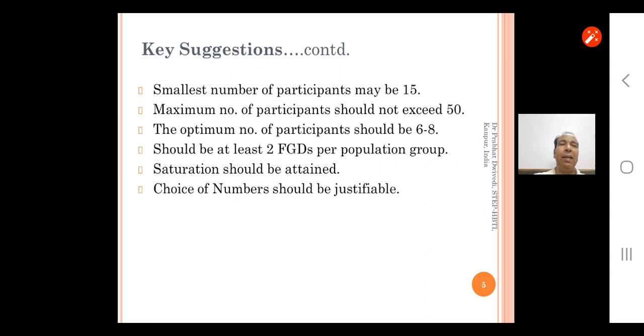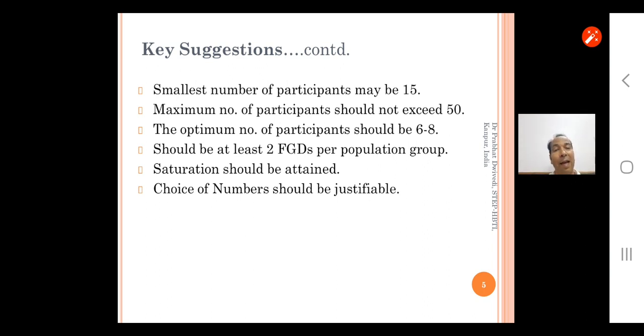For an FGD, the optimum size of the sample should be between 6 and 8, and there should be at least 2 FGDs per population group. If there are subgroups, if there are strata, then at least 2 FGDs should be held per stratum. Or if there is no strata, at least 2 FGDs should be for that population group.